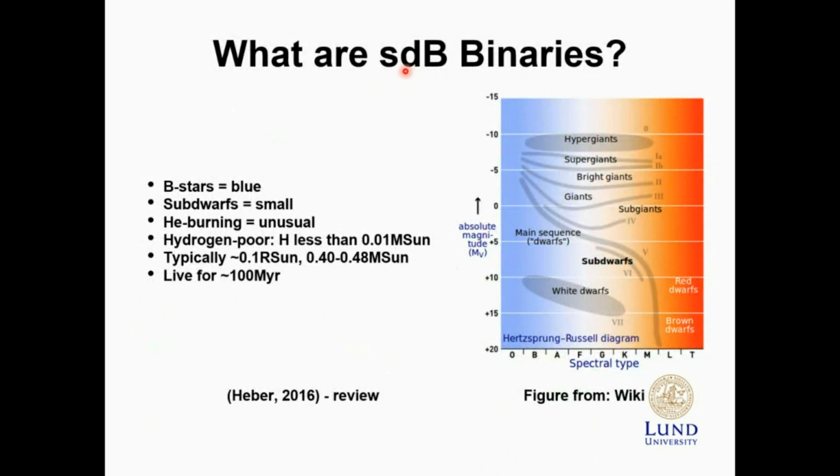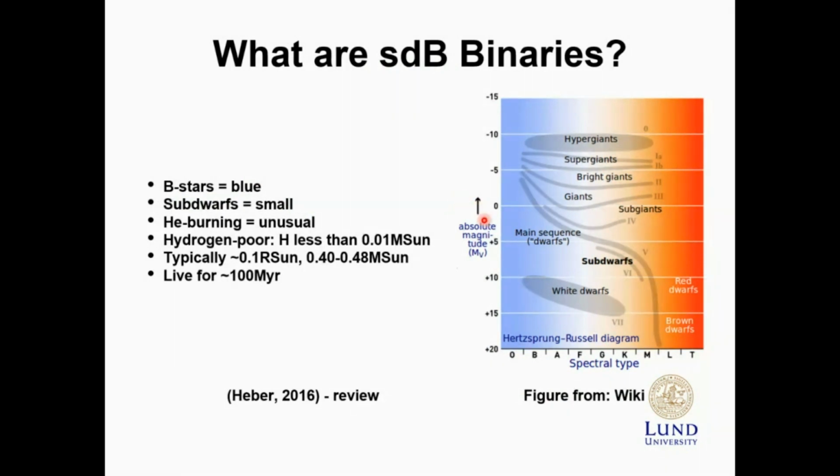It is astronomical nomenclature, just the way people name stars. When people say B, it means that it's blue, so just the color blue. When people say it's a subdwarf, it means that it's small compared to regular stars. So in other words, they are blue stars which are small compared to regular stars. Those subdwarf B stars, or SDB stars, are those blue small stars.